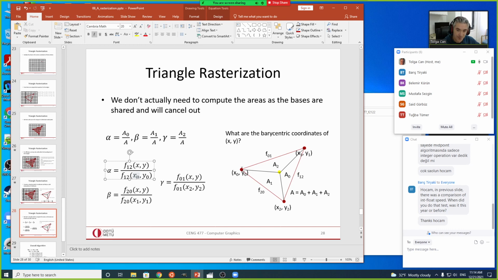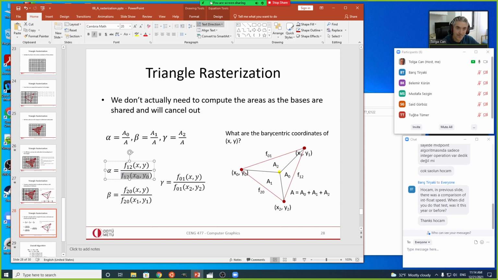If your pixel happens to be as far as this point, it's going to be exactly equal to f12 at x0, y0, and alpha is going to be equal to 1. And as the pixel moves this way, the value is going to be smaller, since this is the farthest it can go, so this is the largest value it can have.